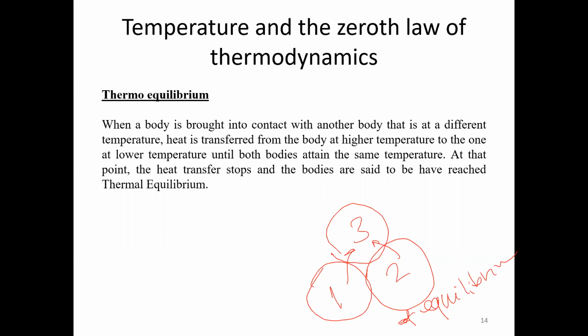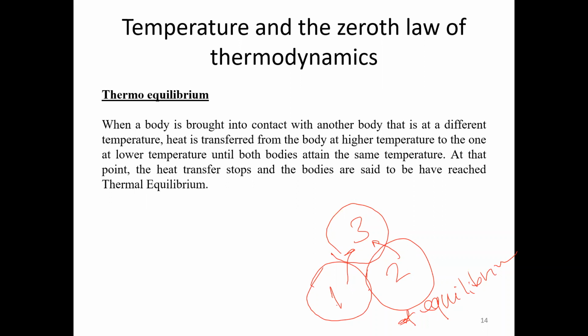Can someone tell me? If these two objects, 1 and 2, are in equilibrium state, and in the meantime they are attached to a third object, are they also in equilibrium with the third one? Yes, I believe so. Perfect. Yeah, that's common sense. Thank you. So that's what we said actually.